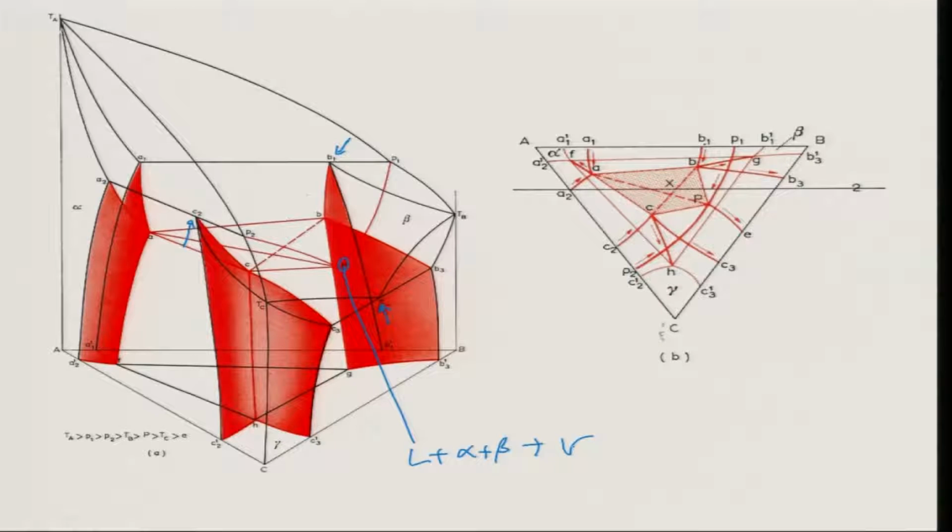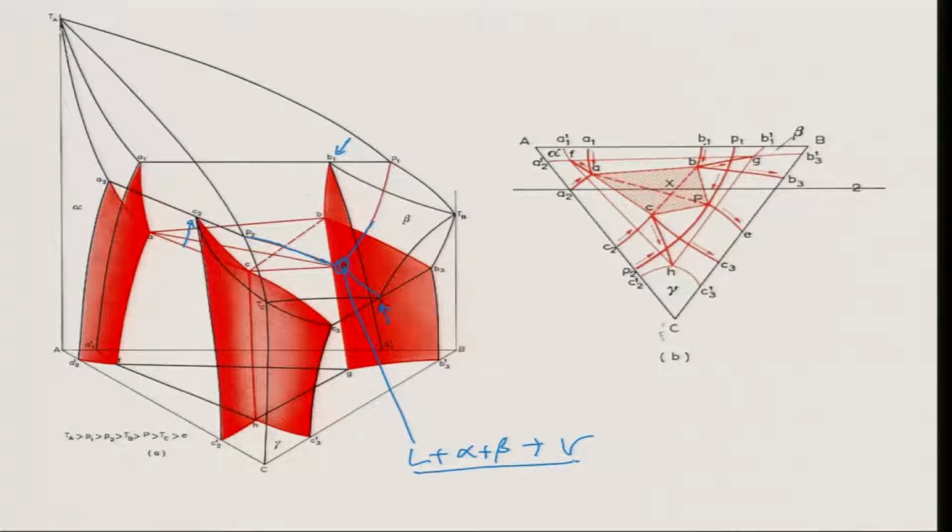Because you have two peritectic reactions and one eutectic, if you extend them, this is the extension of the peritectic, this is the extension of another peritectic, and this is the extension of the eutectic. All of them will meet on the 4-phase plane, given by the point P, and at that plane this reaction happens: liquid plus beta plus alpha going to gamma.